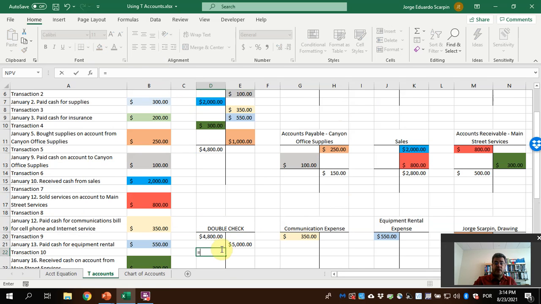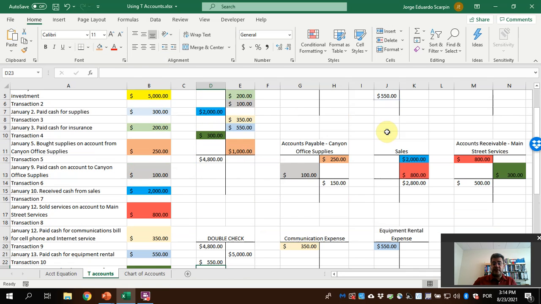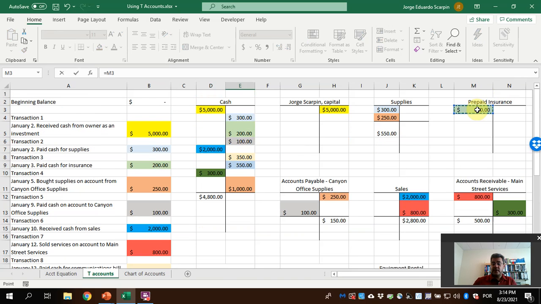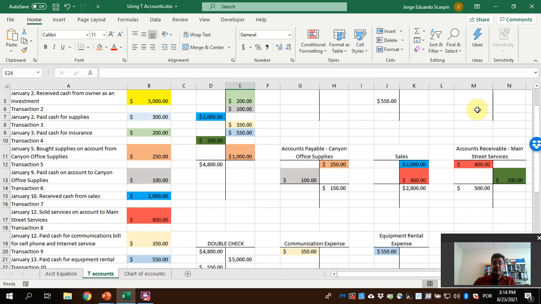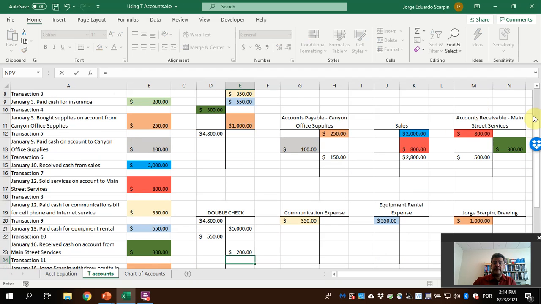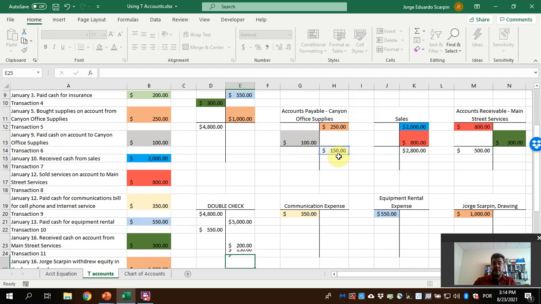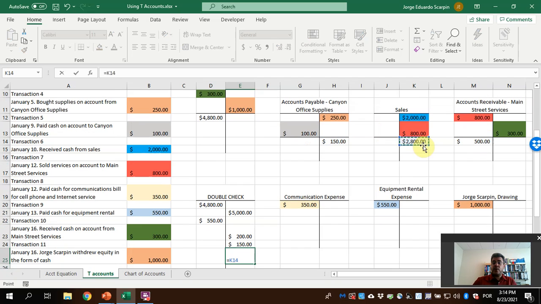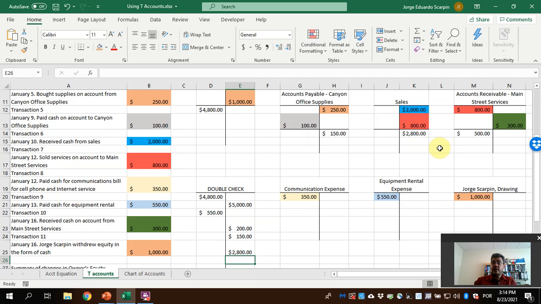The third one, 550. The next one, 200. Later, credit again, 150. Credit again, 2,800. Debit now, 500.